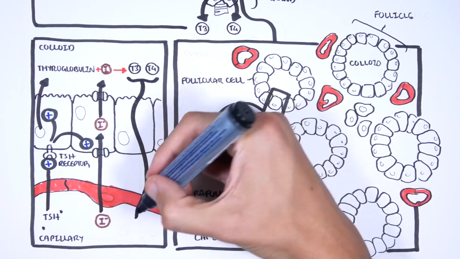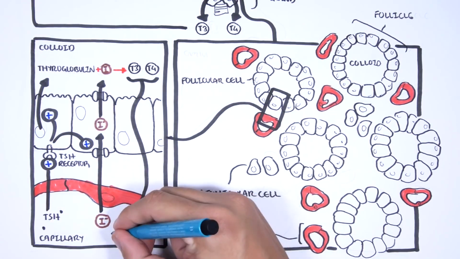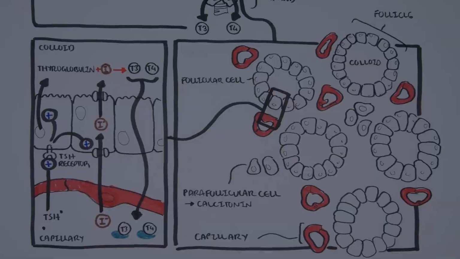T3 and T4 will enter circulation. The thyroid hormones travel in circulation bound to proteins, the main protein being thyroxine binding protein. And here it will target the different cells around our body to elicit an effect, so increasing metabolism.